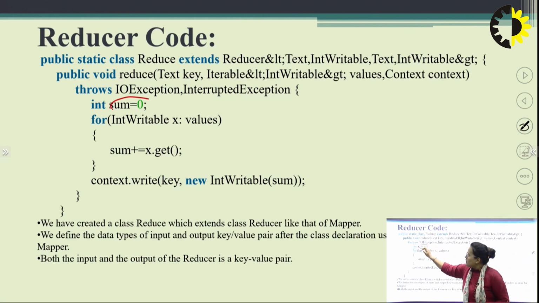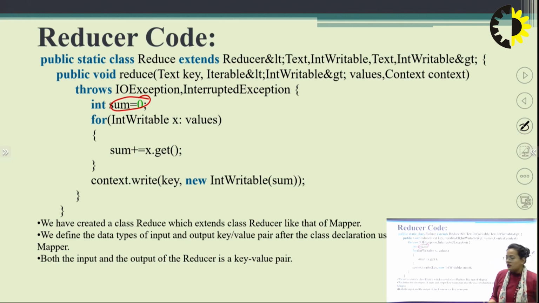Sum will be used as a counter variable. In context.write(key, new IntWritable(sum)), we write the final output, that is key with final value.